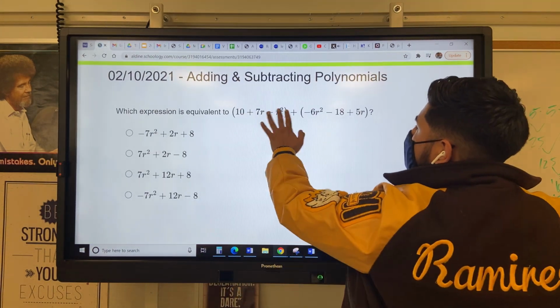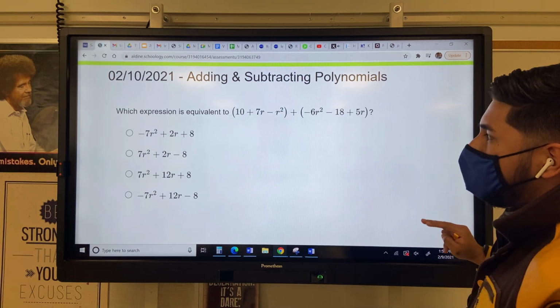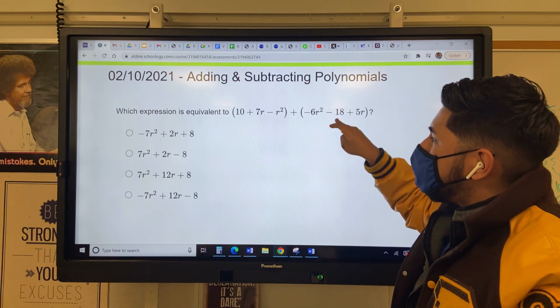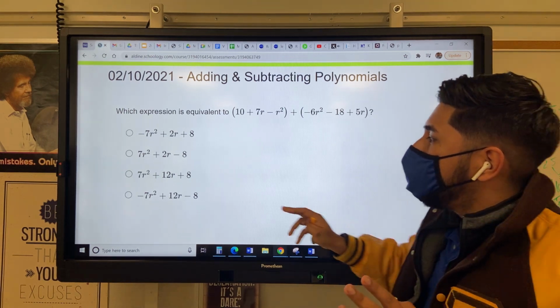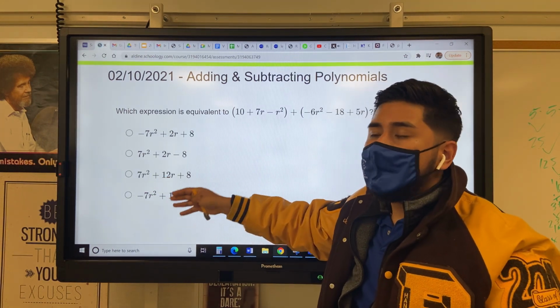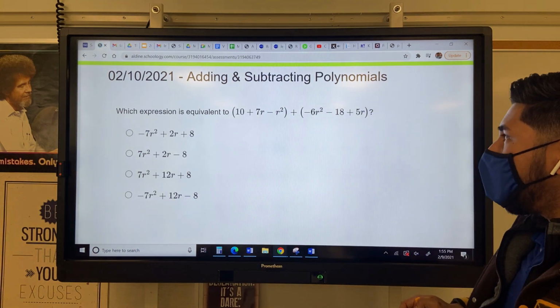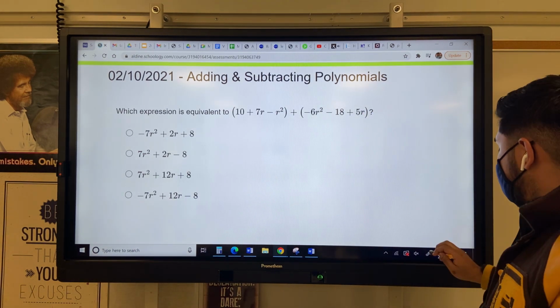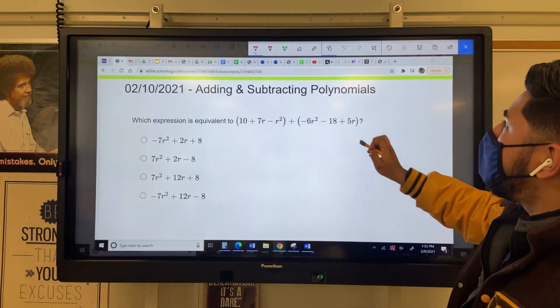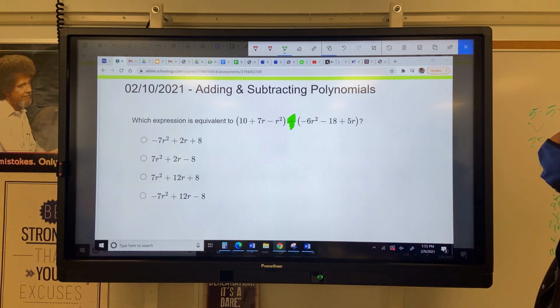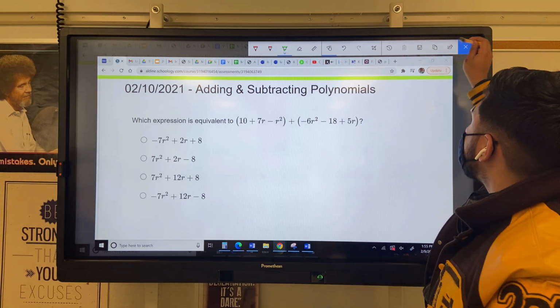I put all these in different arrangements to make sure that when I write this out, I put these in the right spot, but then you put it in the correct order, starting with the r squared and so on, okay? And just watch out right here. Am I adding or subtracting? Right there, straightforward. Next one.